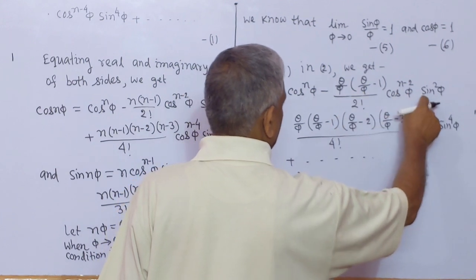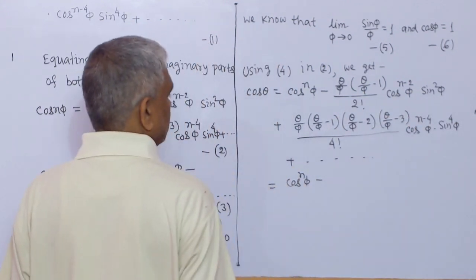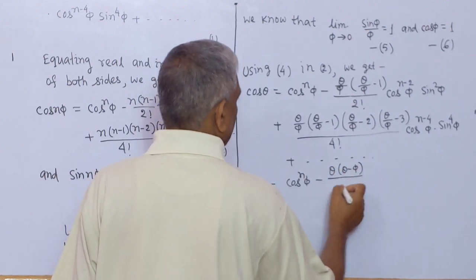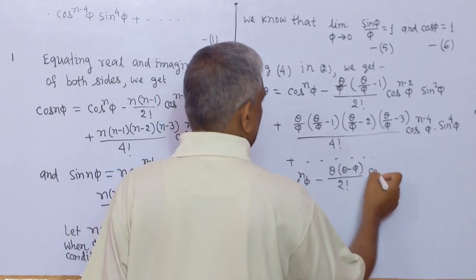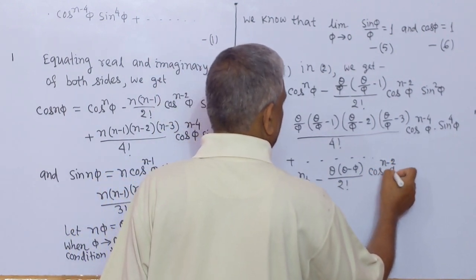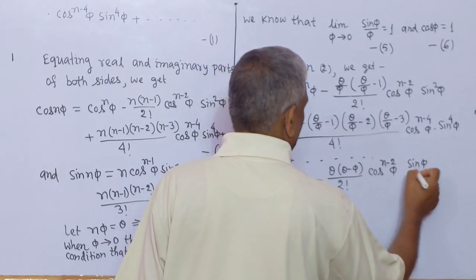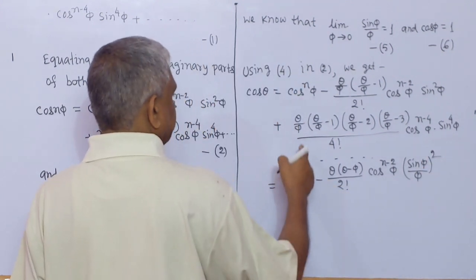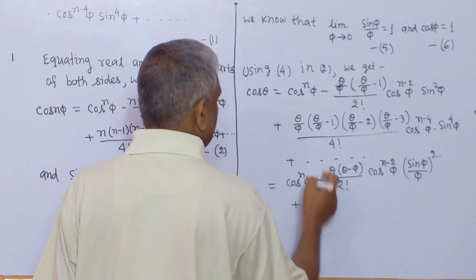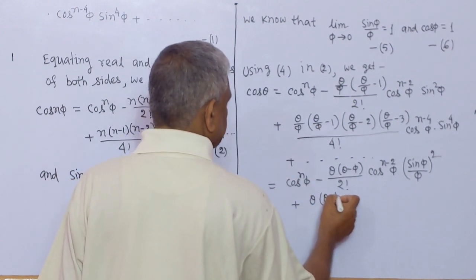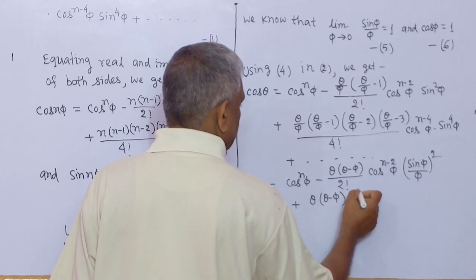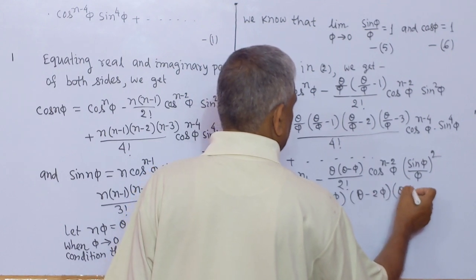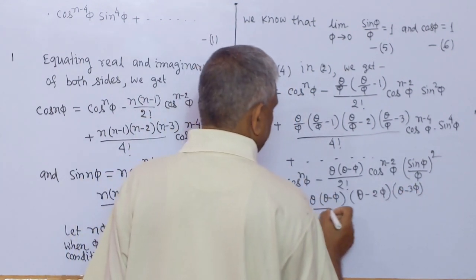We write this phi square under sin square phi, so here we get theta(theta minus phi) by factorial 2, cos to the power n minus 2 phi, (sin phi by phi) whole square, plus in a similar manner theta(theta minus phi)(theta minus 2 phi)(theta minus 3 phi) by factorial 4.